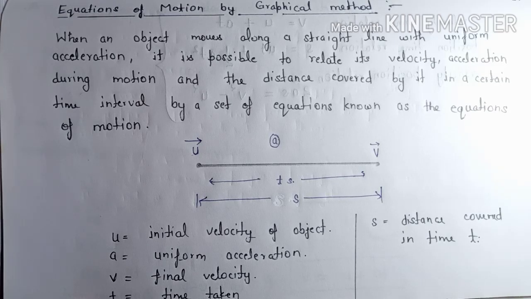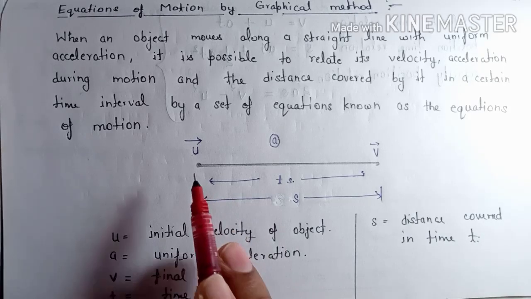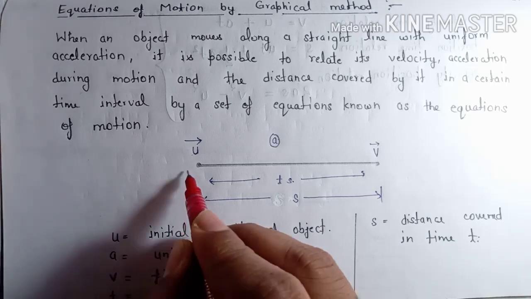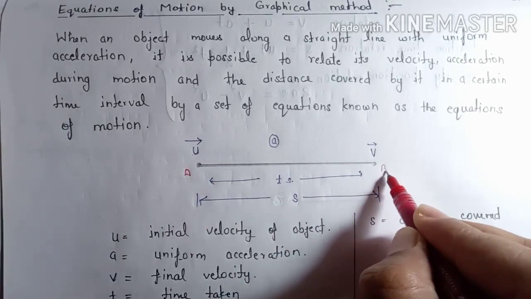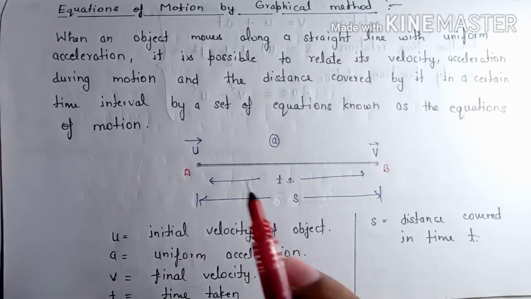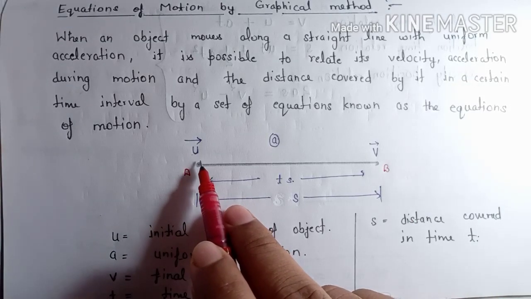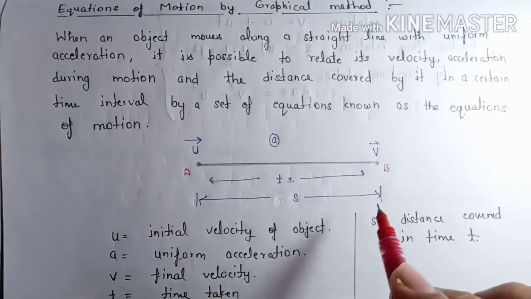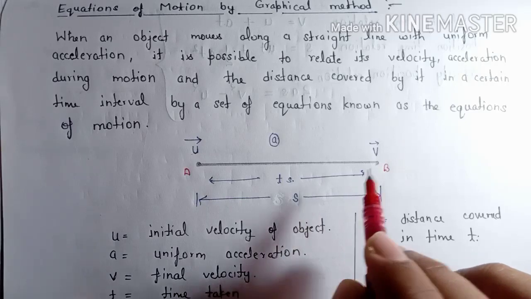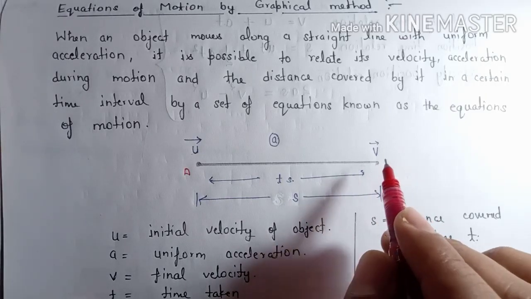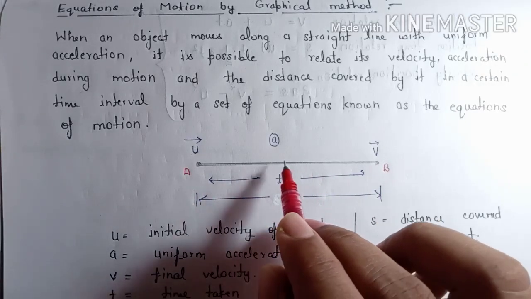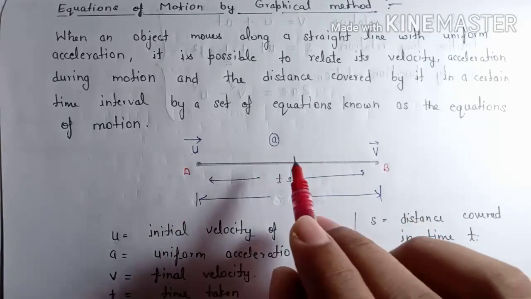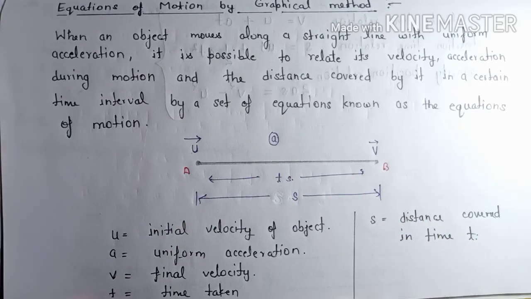So let's first define what we mean by equation of motion. As we know, if there is a body moving from point A to B, and the initial velocity of the object is u meter per second, and the final velocity of the body becomes v meter per second after traveling a distance s in time t, and the continuous acceleration applied on the body is a meter per second square, we can establish some relations among all these quantities.